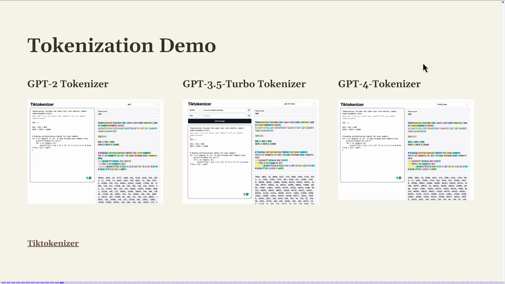So let's see how it is tokenized in different models. Look here, we can see that there is probably little difference in the English, but if we look at the Arabic, there are pretty much differences here. And if we want to look at the difference, we can see the total number of tokens.